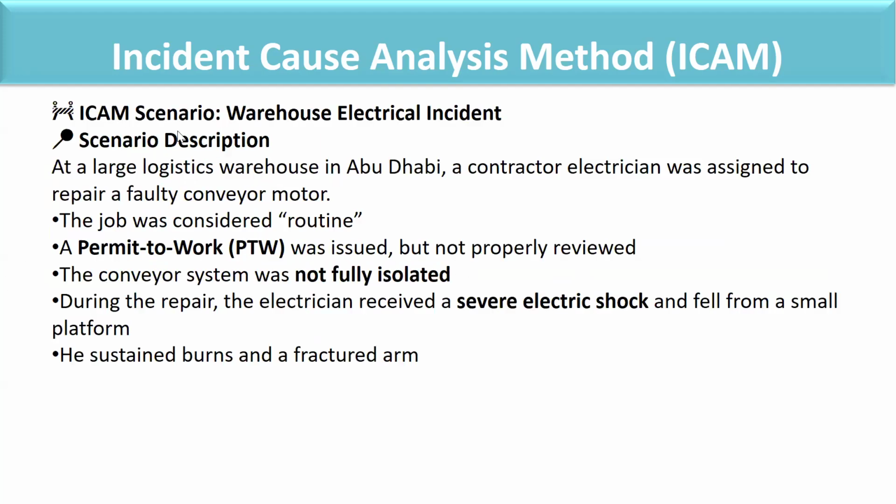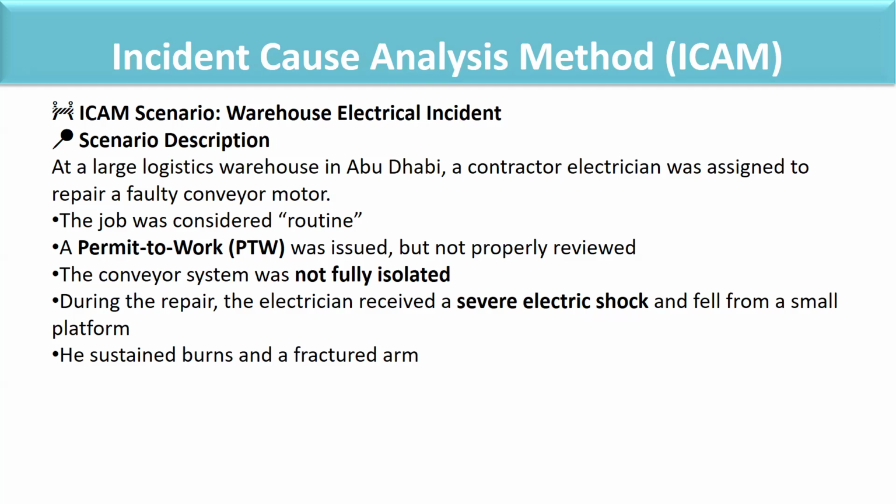Now we are taking another scenario: warehouse electrical incidents. In the warehouse, we have some electrical incidents. Scenario description: at a large logistics warehouse in Abu Dhabi, a contractor electrician was assigned to repair a faulty conveyor motor. The job was considered a routine activity. A PTW was issued but not properly reviewed.